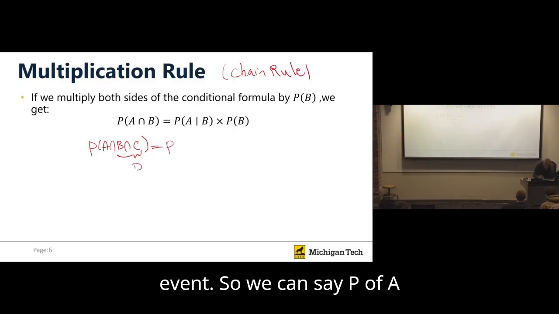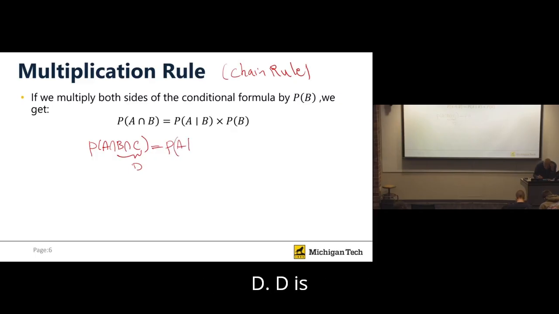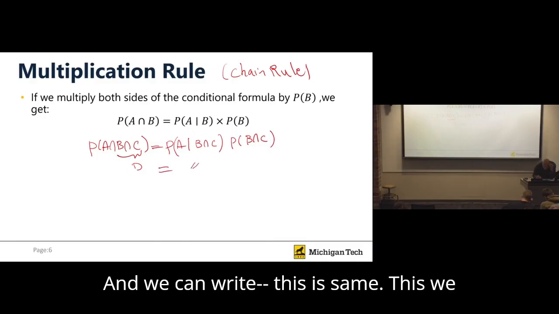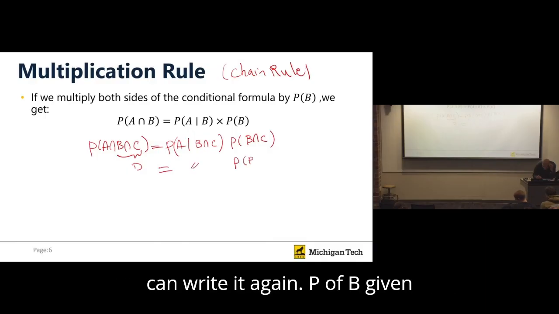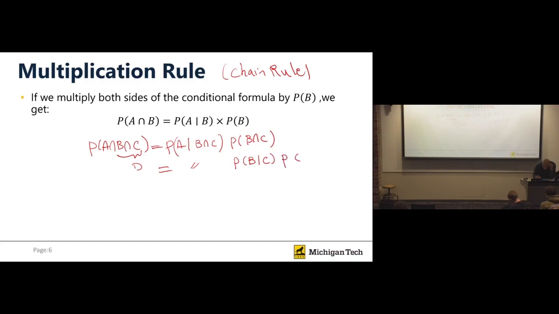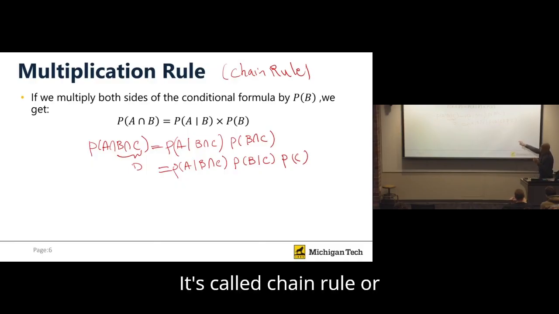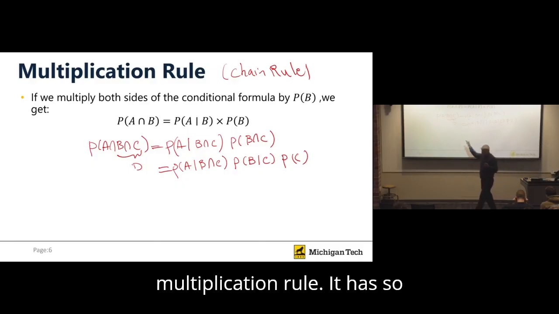So we can say P of A and D is P of A given D, where D is B and C, times P of D. And we can write this again: P of B given C, times P of C. It's called the chain rule or multiplication rule.